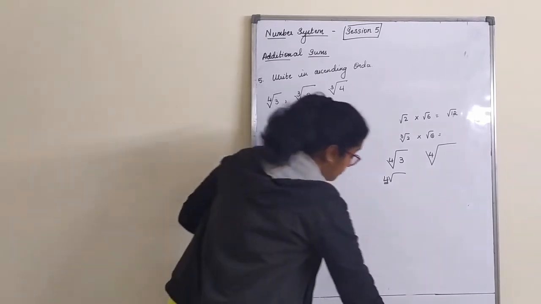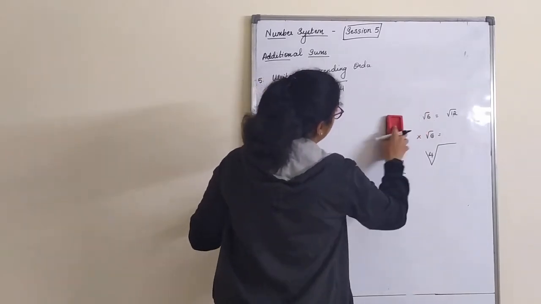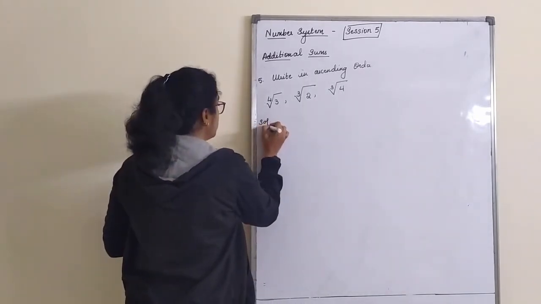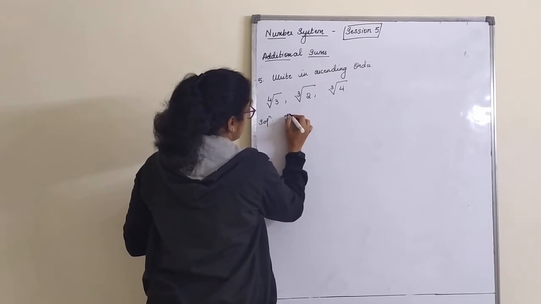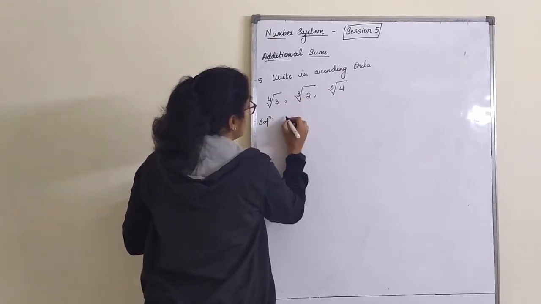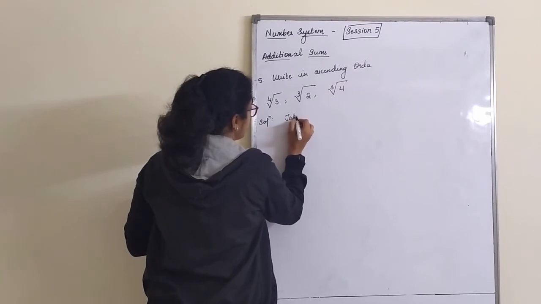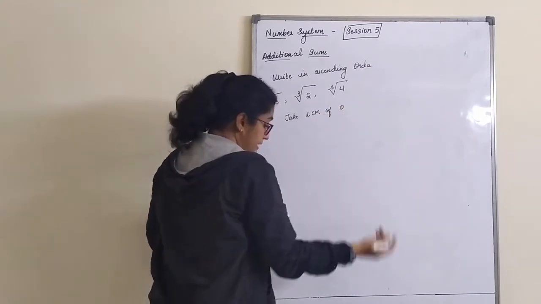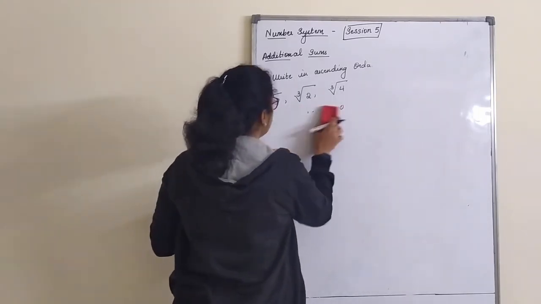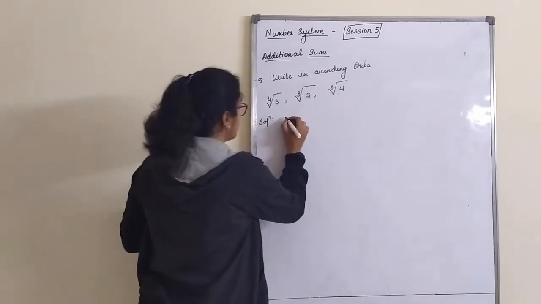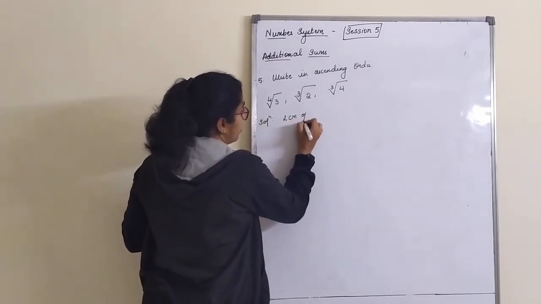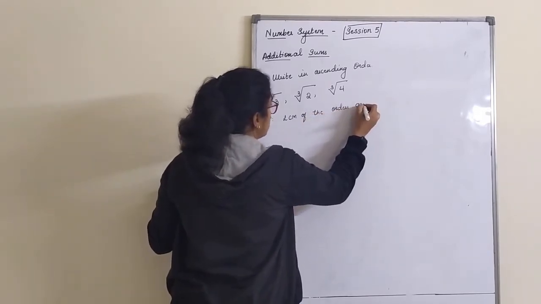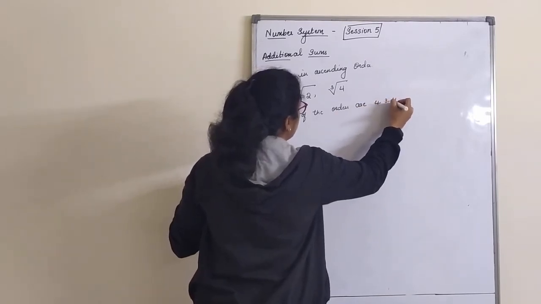So let us first find the order, or we have to first equalize the given orders. Solution. Take LCM of the given orders. The orders are 4, 3 and 4.